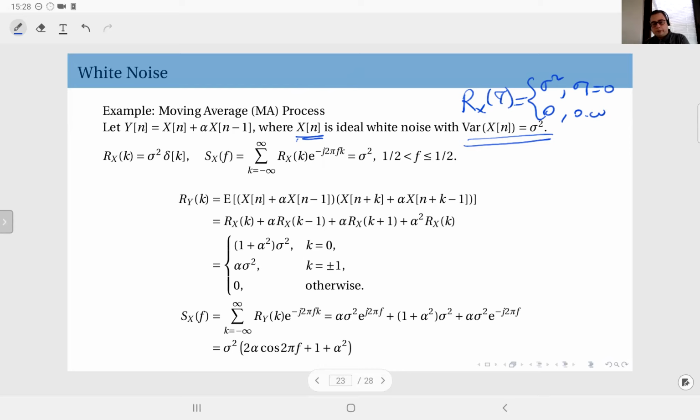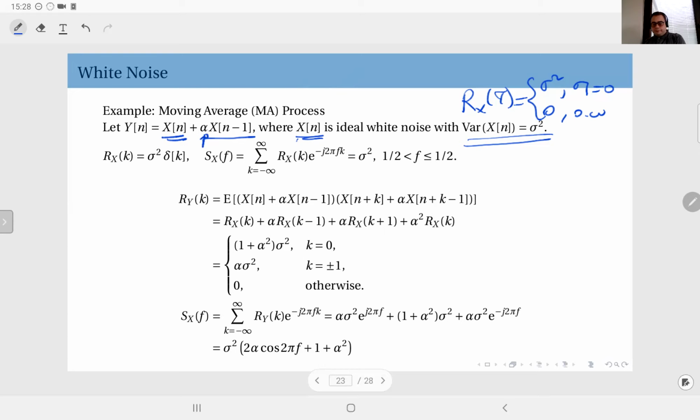Now, you have this white noise x of n, and we define y of n in terms of x of n: y of n equals x of n plus alpha times x of n minus 1. So this is a random process that depends on x of n instantaneously, but also on its previous observation with the coefficient alpha.